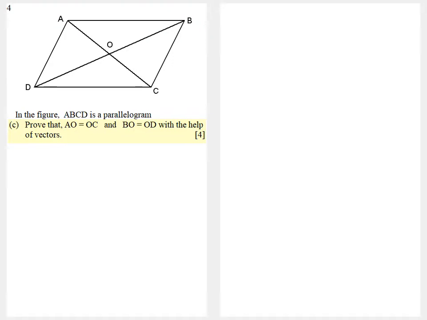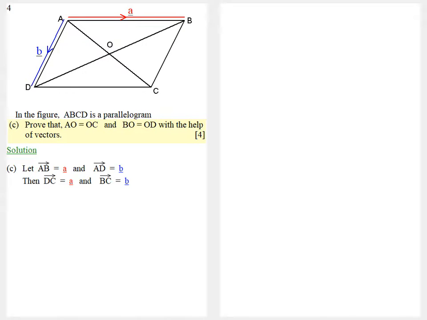Now in part C, in the diagram, we're required to prove that AO is equal to OC and BO is equal to OD with the help of vectors. So to solve this, let's first of all call the vector AB small a and the vector AD small b.